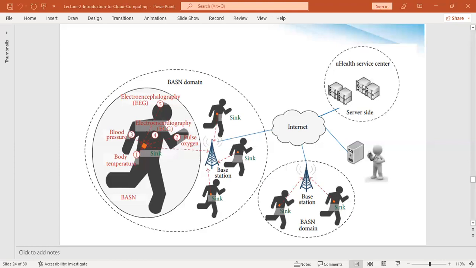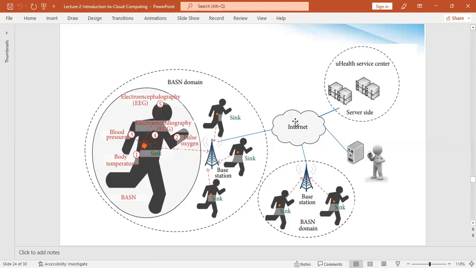So this system indicates that if we have individuals connected with different sensors, such as blood pressure and body temperature, the body will be covered with different sorts of sensors. Every walking person will be known as a sink, and will be connected to the base station.